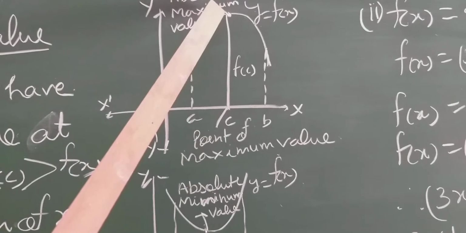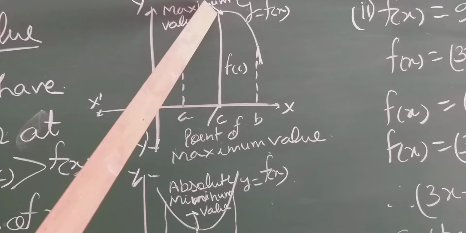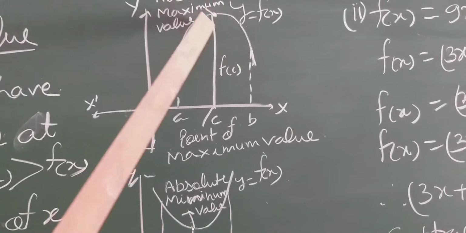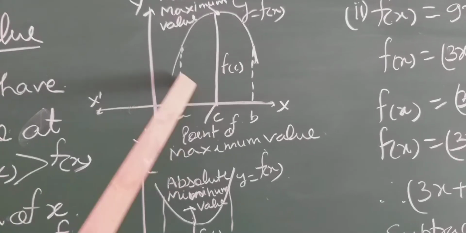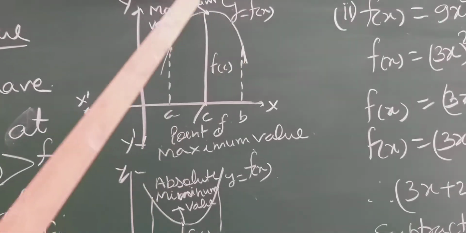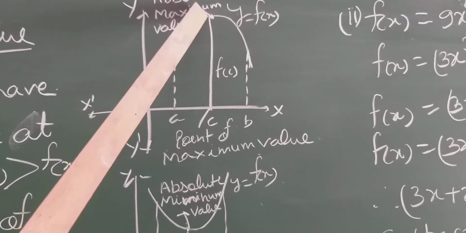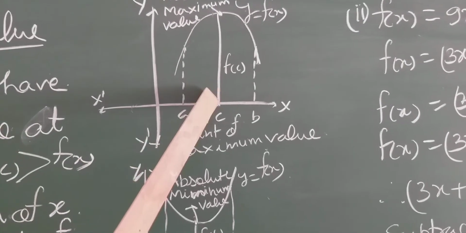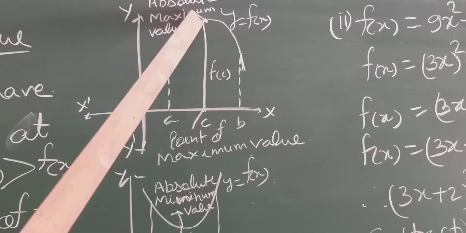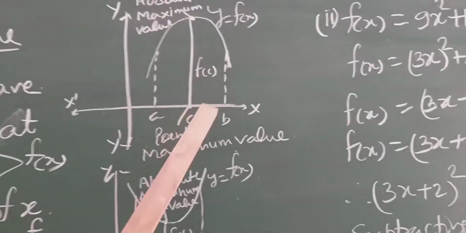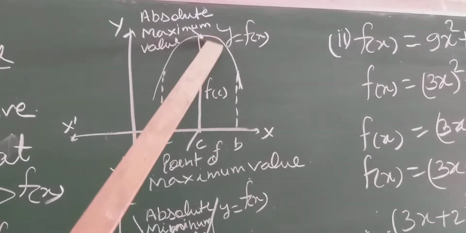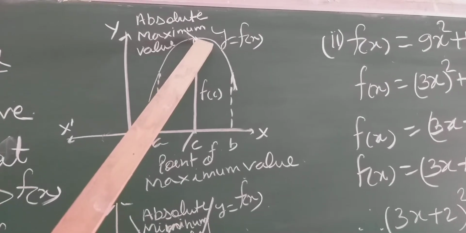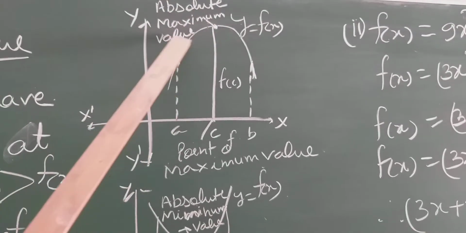And students, this is the peak, and we can say at this point c this function's value is maximum, and the maximum value is f(c). So at the point c the function shows maximum value, so this value will be the absolute maximum value of the function.